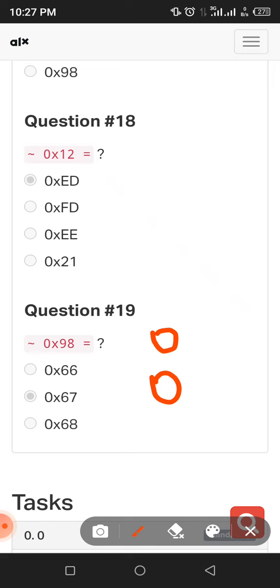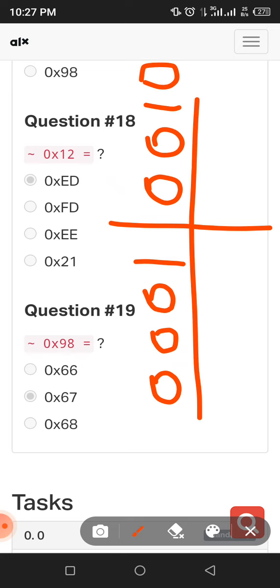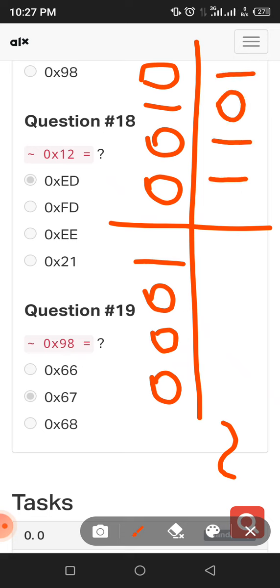Then for the 2 we have 0 0 1 0. So the NOT gate is going to give us the opposite. The tilde is going to be what? The opposite. So where we have 0, we put 1 there. 0 1 1, you can see that 0 1 1 1. You can see, so you get is always the opposite.